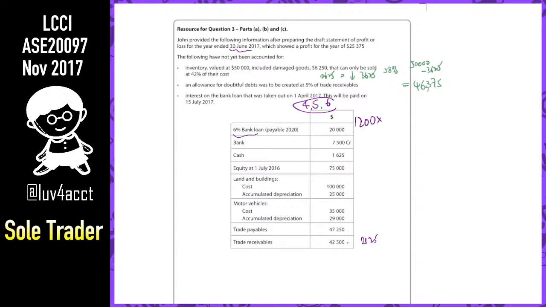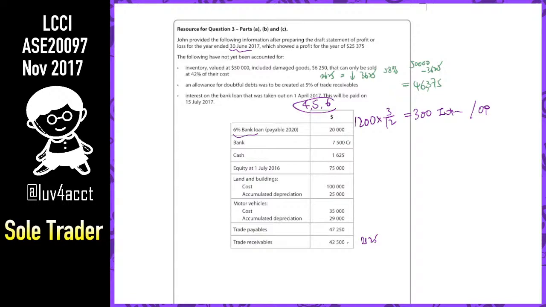Accrued for 3 months, so it is 3/12. That is 300. That will be your interest, as well as your other payables, because it says it will be paid on the 15th of July. 300.